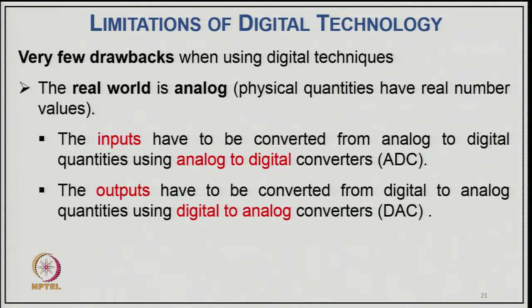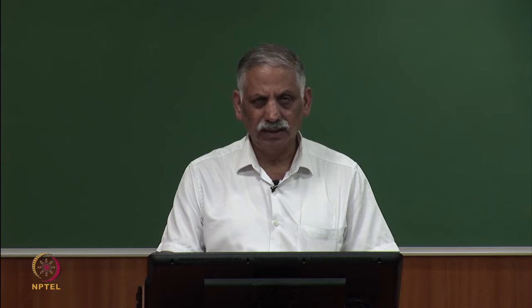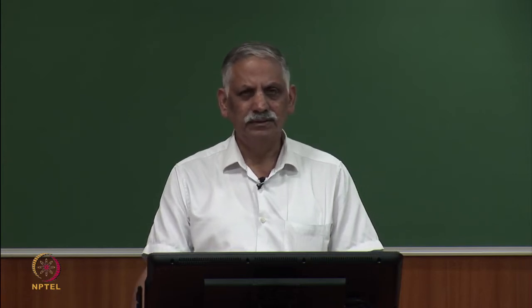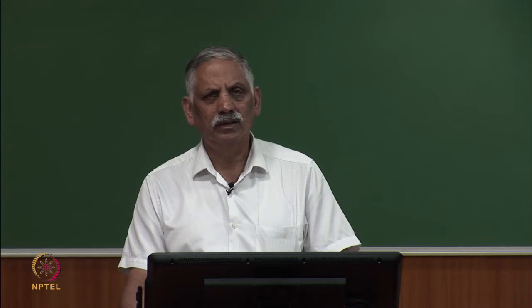Of course, there are some limitations or drawbacks of digital techniques. The real world is analog, and physical quantities have real values, so the input has to be converted from analog to digital using an analog-to-digital converter, and the output has to be converted from digital to analog using a digital-to-analog converter to give the signal to the physical system for actuation or control, since most physical systems work on analog quantities.